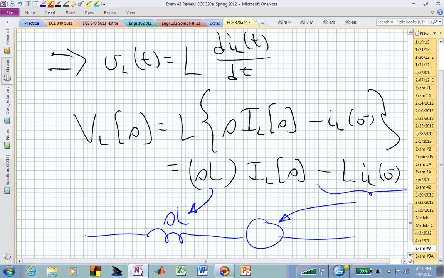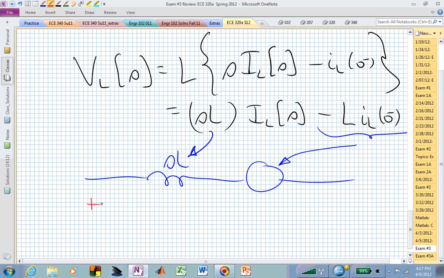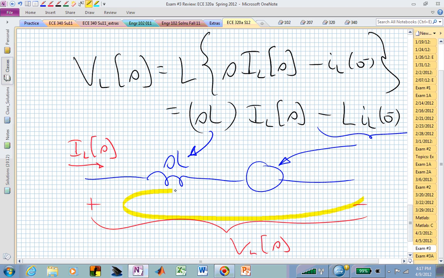And that now says, if this complete drop across those two is V sub L of S, and this is the direction that I had originally indicated for my positive current flow through the inductor, now if I do a KVL essentially around here, I can see that V sub L of S is actually SL times I sub L plus L I sub L of 0 minus. And that's where the voltage source comes from for the inductor.